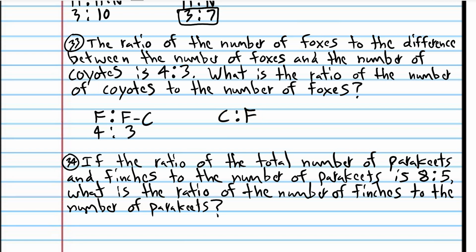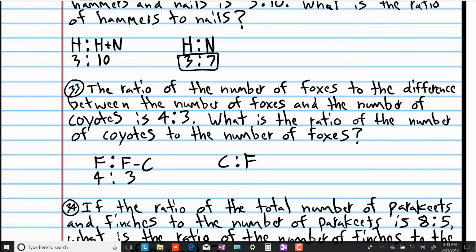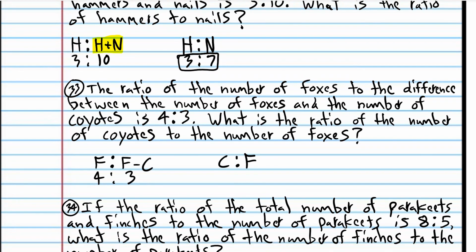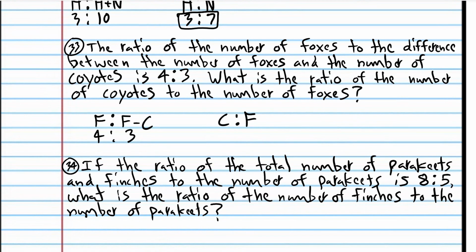So this problem works in the same way that the previous problem worked. If hammers plus nails equals 10, and we know we have 3 hammers, then you can just subtract. Now again, these don't represent the actual numbers, but you can subtract or add and get the answer you're looking for just by coincidence. So you have 4 foxes, and you subtract the number of coyotes, and you get 3.